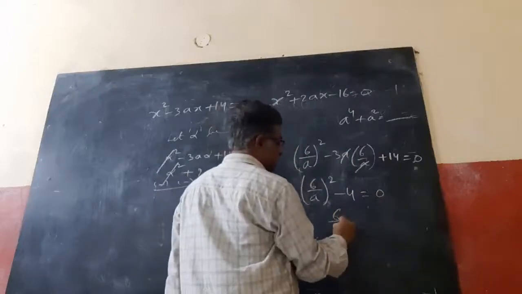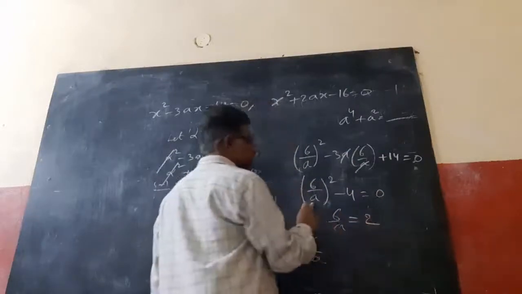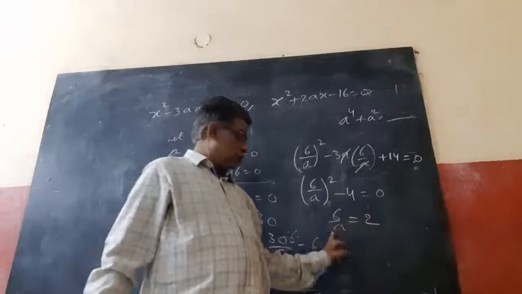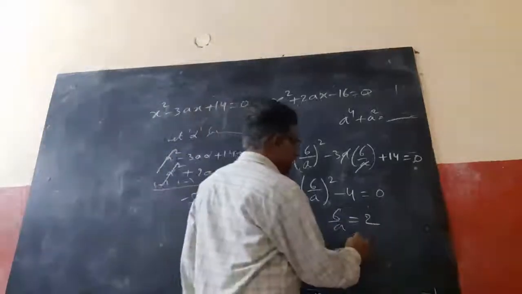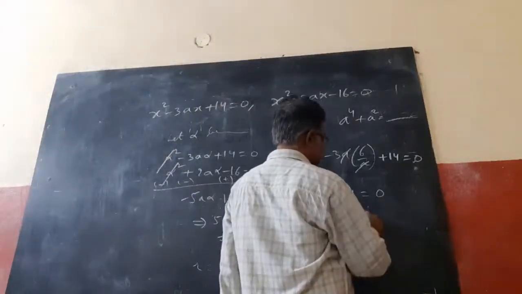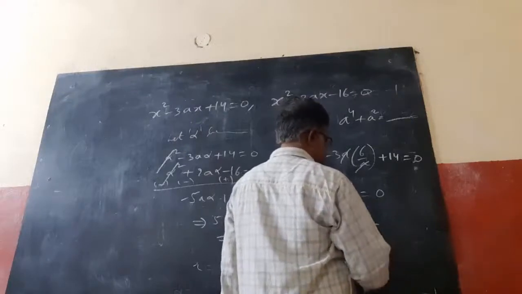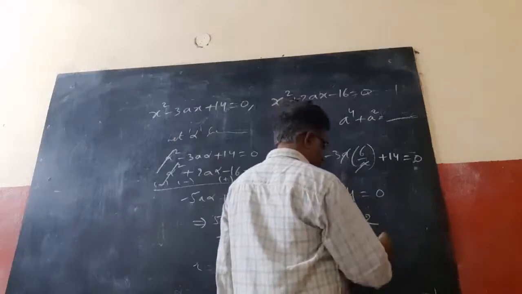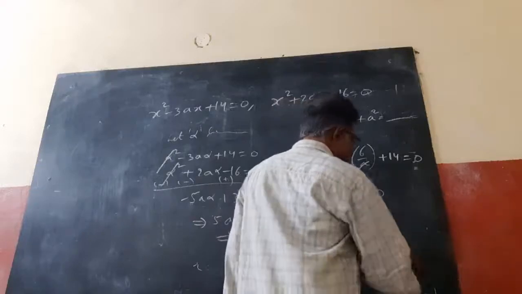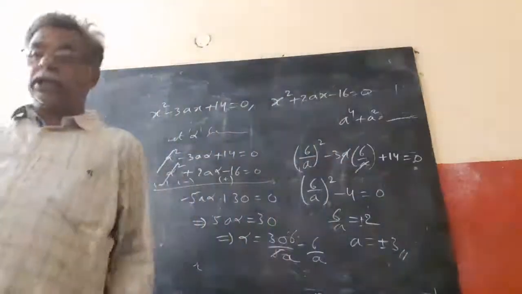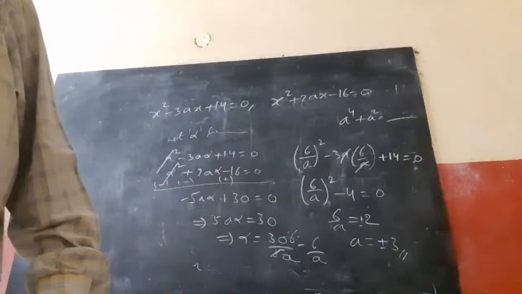So 6 by a whole square is 4, so 6 by a is 2. So a equal to plus or minus 3. Over. A equal to plus or minus 3.